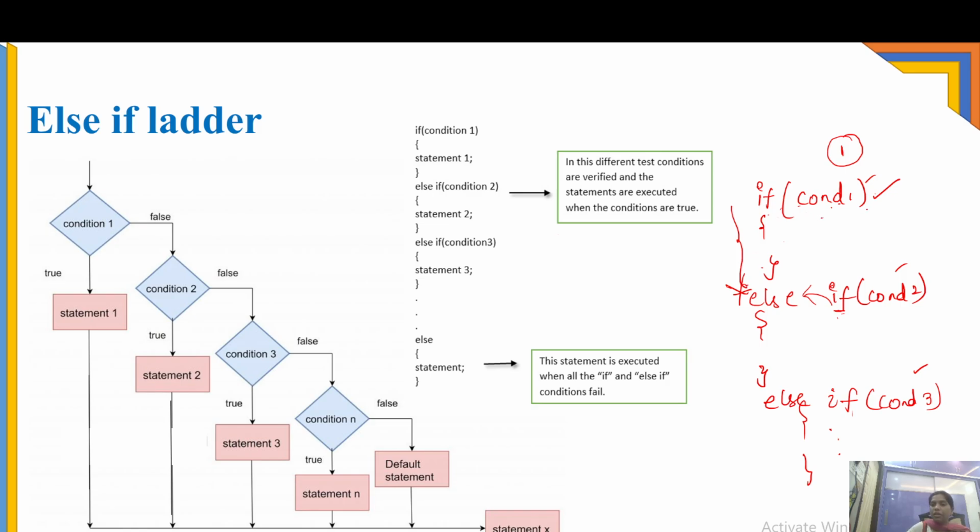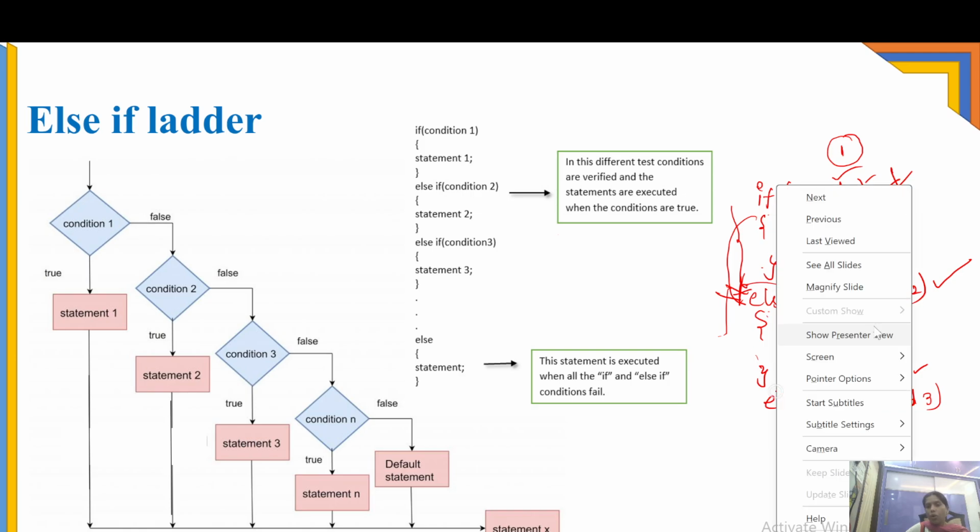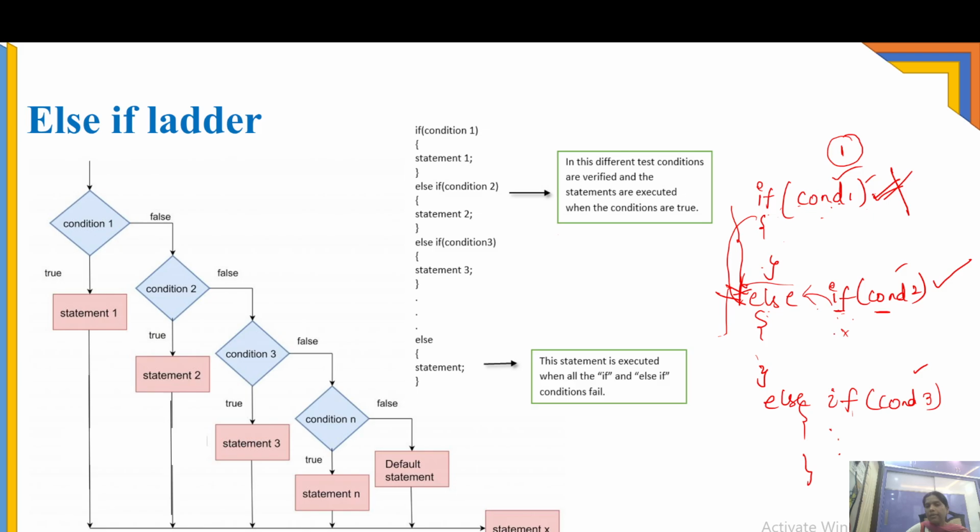So if condition 1 is true, it will not check all the conditions. If condition 1 is false, then it will go to the else part. In else, we have another condition. If this condition is true, will it go to the else part? No. It will stop here itself.